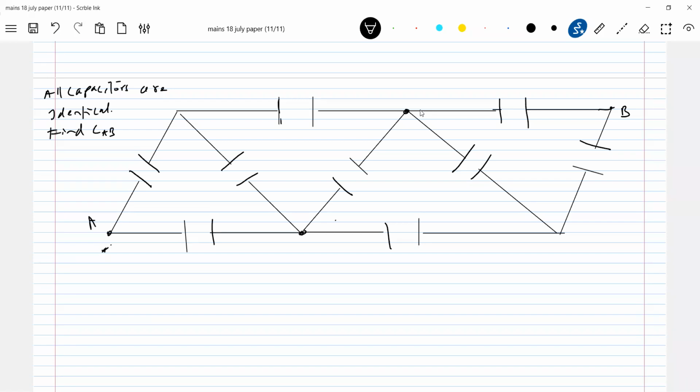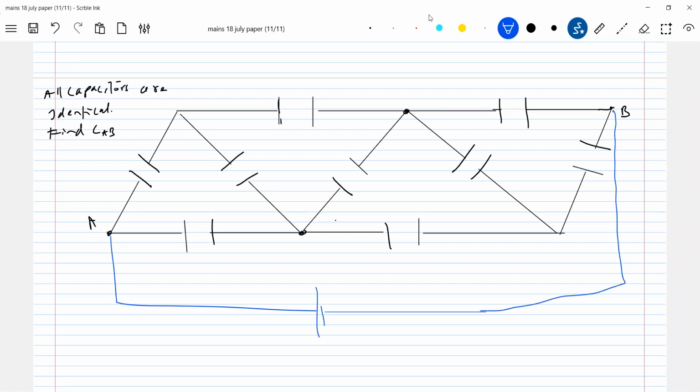This is the cell. You assume some small voltage, so that answers will come very easily for us. So let it be 2 volt. I'll assume a charge. I'm going to push a charge like this.